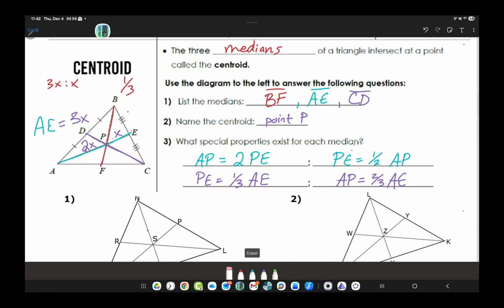AE isn't 1/3. PE is 1/3 of AE. Because if PE is x and AE is 3x, what's 1/3 of 3x? X, yeah. So this will probably be the more challenging one to remember.